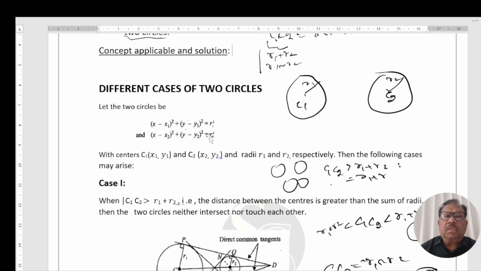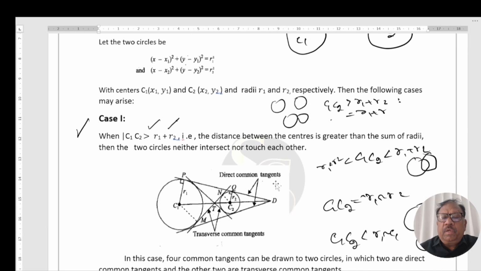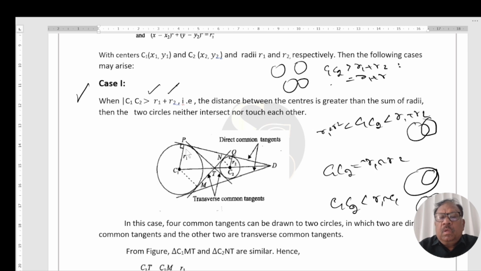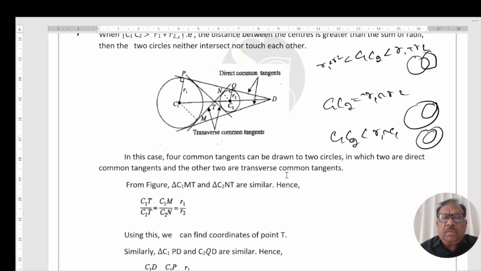Now we will discuss the cases one by one, right? Now, case 1. When the distance between the centers is greater than the sum of the radii, how many tangents are there? 2 direct tangents and 2 transverse tangents.